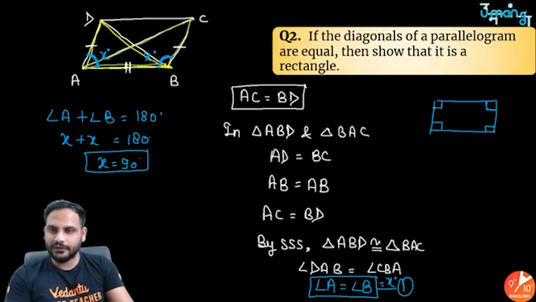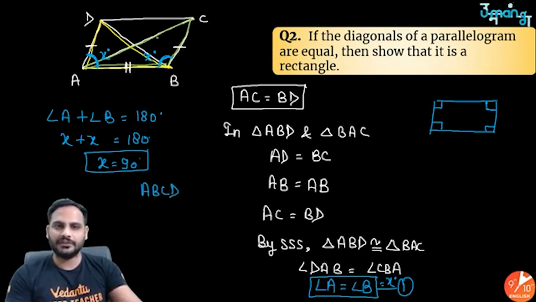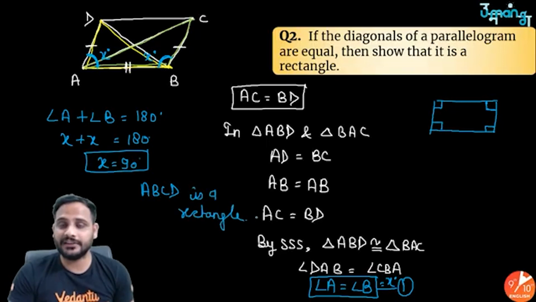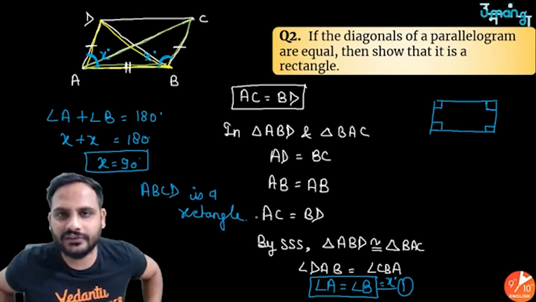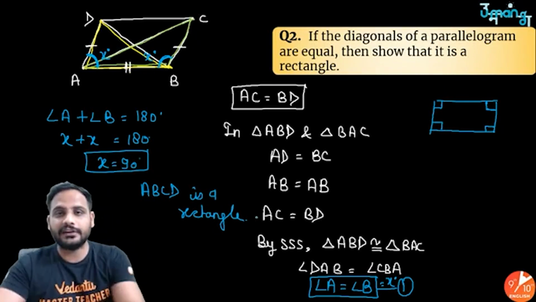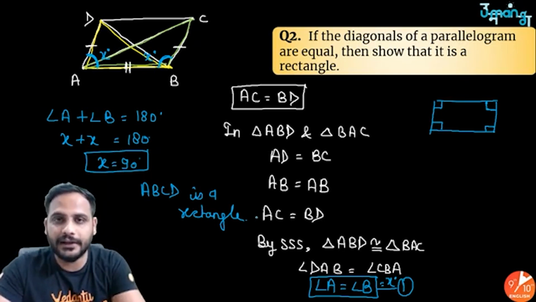Automatically all became 90 degrees. So I can say ABCD is a parallelogram in which all angles are 90 degrees. That means ABCD is a rectangle. Okay, the minimum conditions I have done in the Umang series videos, very important. Go through those sessions. I am telling you, all your doubts related to the quadrilaterals topic will be cleared.